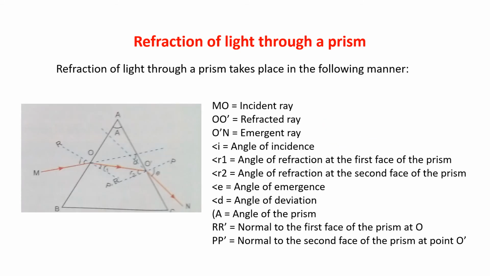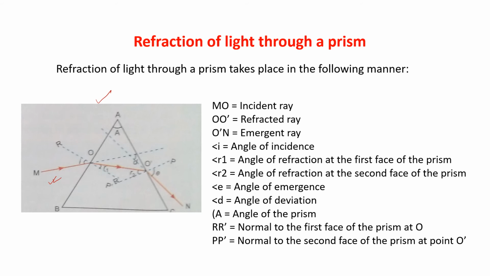Now refraction of light through a prism takes place in the following manner. For showing the picture, we are taking only one triangular surface for denoting the prism. In that you see a ray of light, this one, MO, is the incident ray.